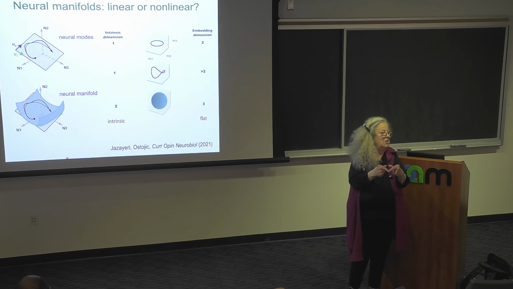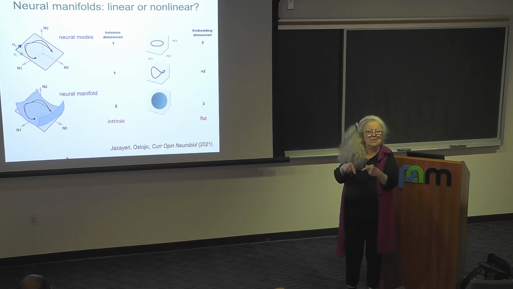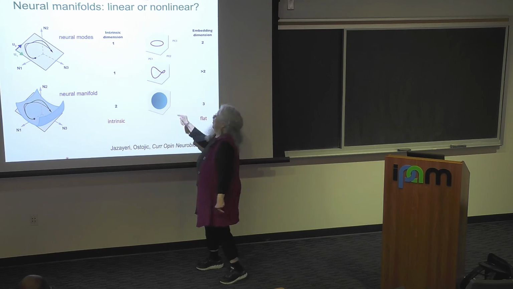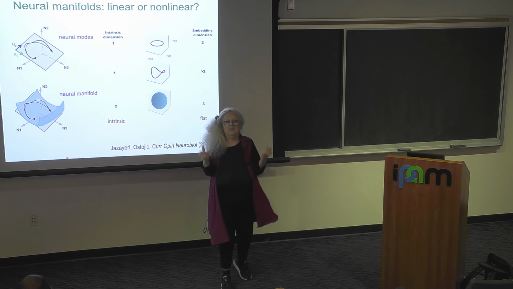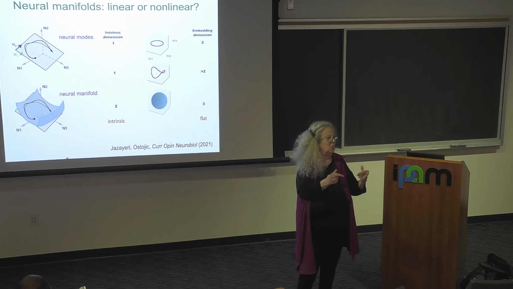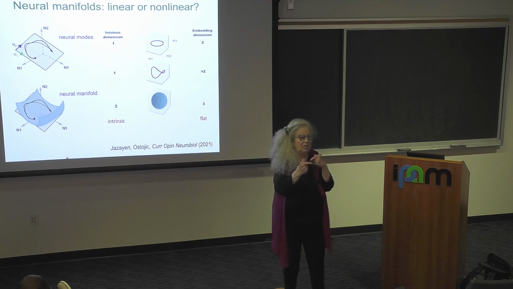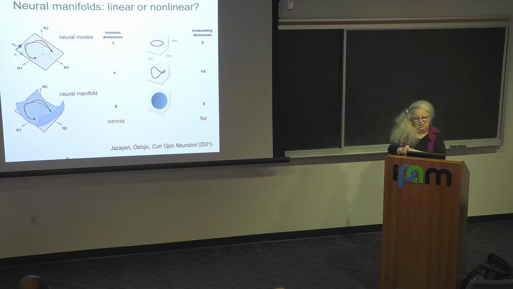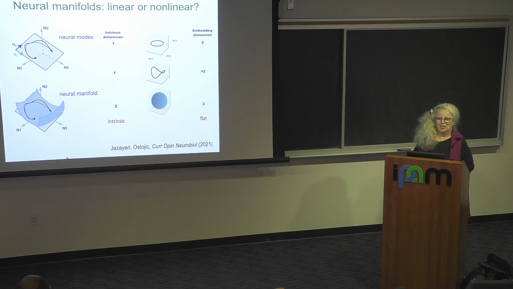So the embedding dimension can increase as I add more kinks to it, but the intrinsic dimension is always 1. And then they say, if you live on the surface of a sphere like we do, the intrinsic dimension of your world is 2, but you need at least 3 dimensions in order to see it within a Euclidean space.